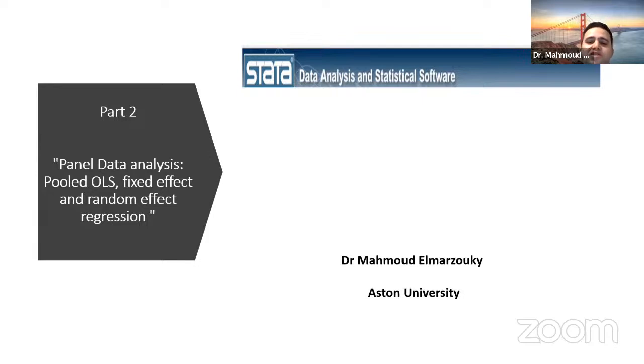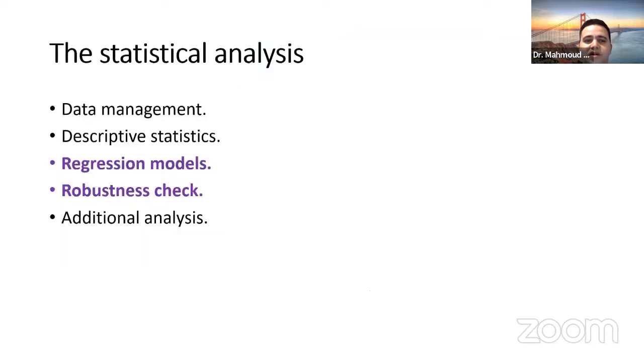Today, we're going to go into the regression analysis, which is the heart or the main important part in the statistical section in your research paper or your dissertation. So please, if you have any question, you can ask at any time.